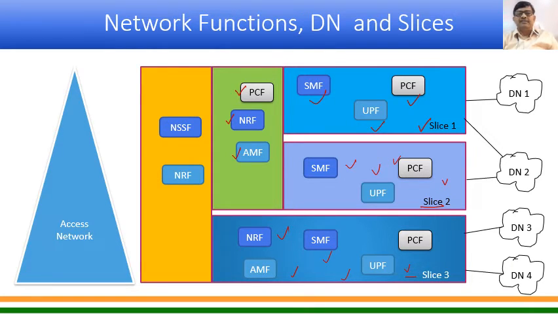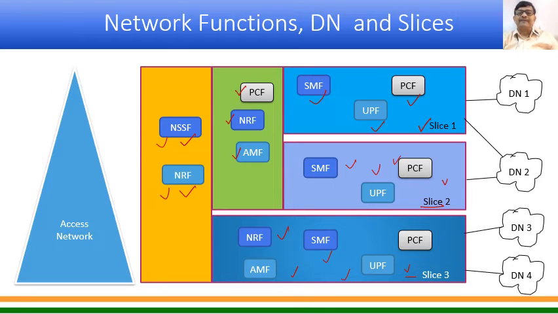On top of that, two network functions, the network slice selection function and the network repository function, are common to the three slices, because it is very important to select a particular slice, so it has to be beyond the slices. And NRF also has addresses or FQDNs of all other network functions, so that is also required outside. So these two network functions are common to all three slices.